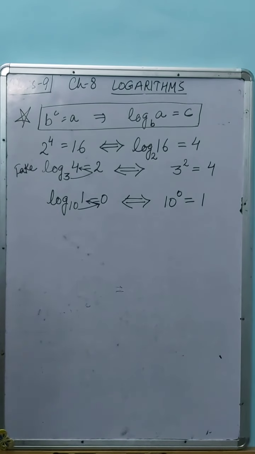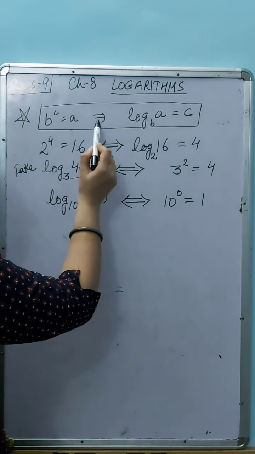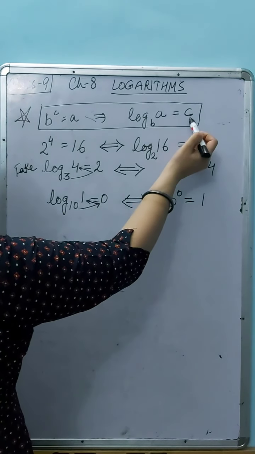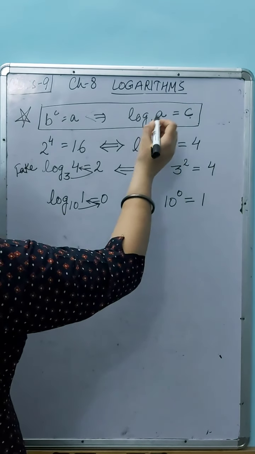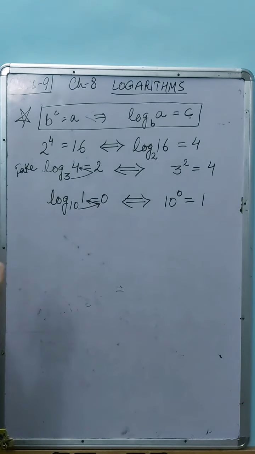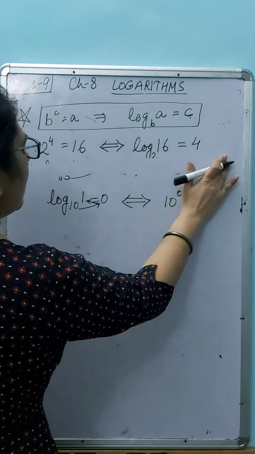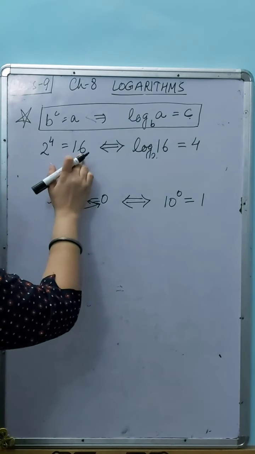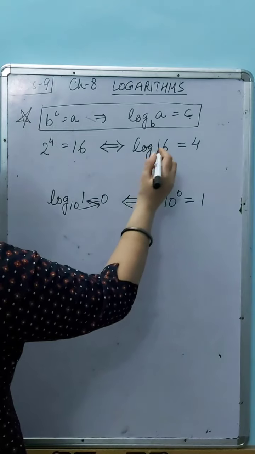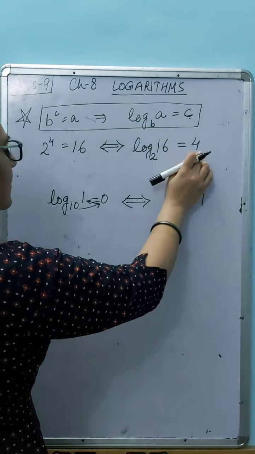So dear students, this is the basic law. b raised to power c is a implies log a to the base b is c. To get this concept clear, I have taken an example: 2 raised to power 4 is 16, which implies log 16 to the base 2 is 4.